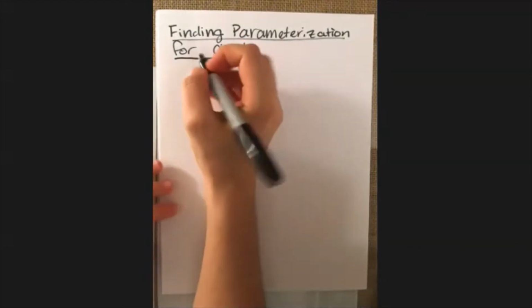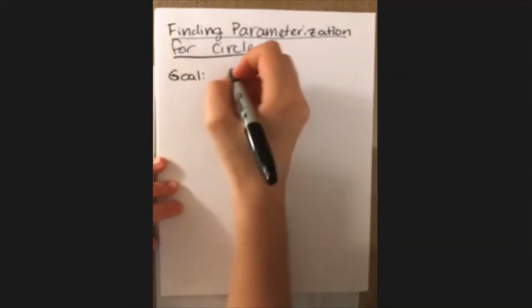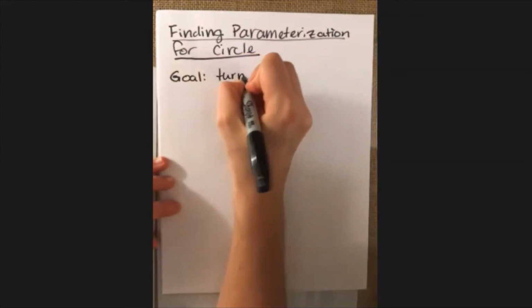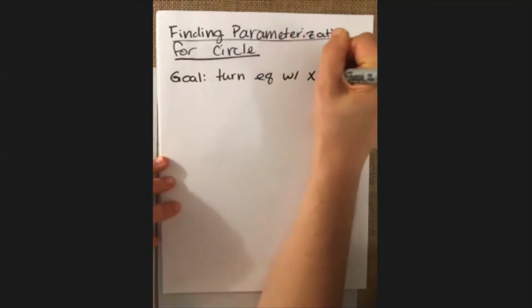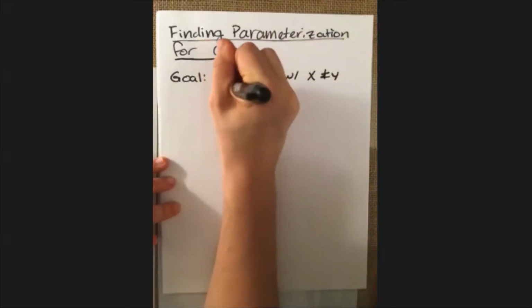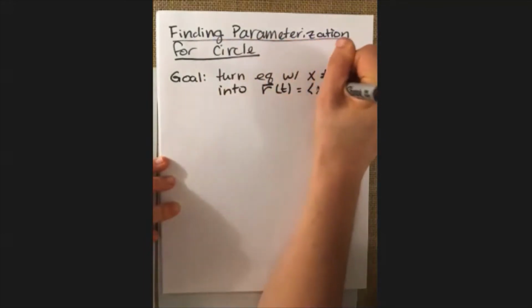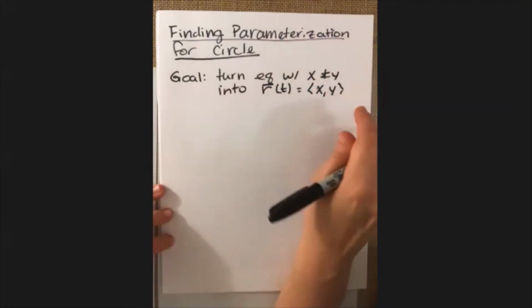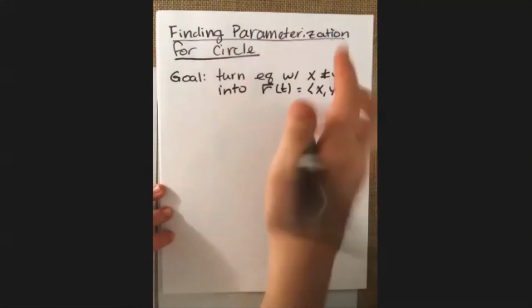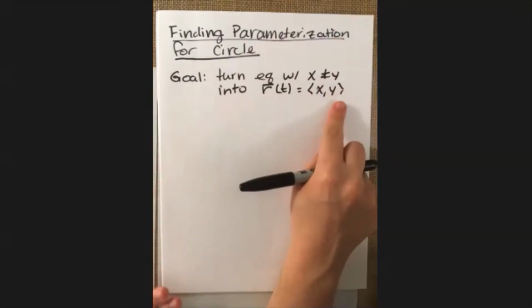So generally speaking, our goal when we're trying to parameterize a given function is to turn whatever equation we've been given that has the x and the y's into something that looks a little bit more like a vector with the x and the y components, okay? So we want to figure out how to convert the standard equation into something that still describes the x and the y positions.